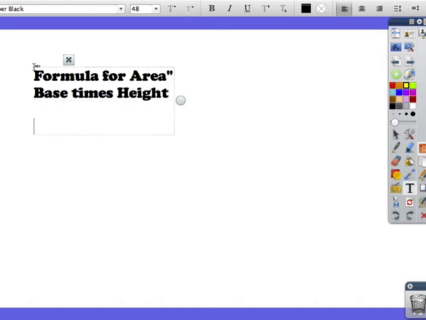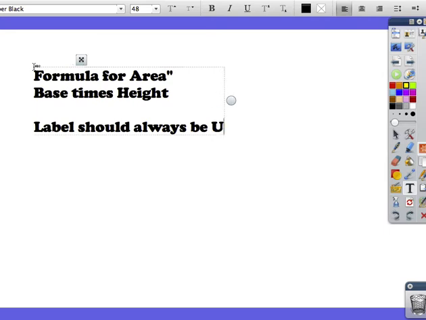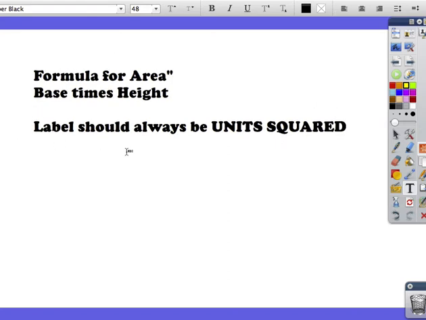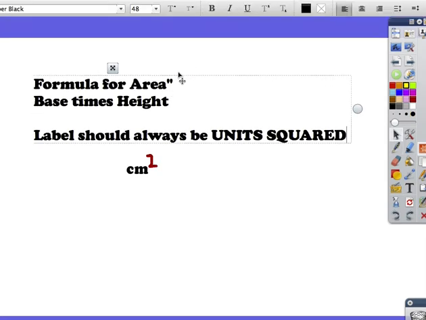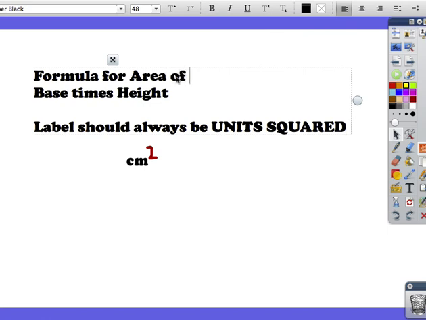Your label should always be units squared, which could look like centimeters, or we talked about inches, but it has to have that little 2. Very important for formulas for area of a rectangle.